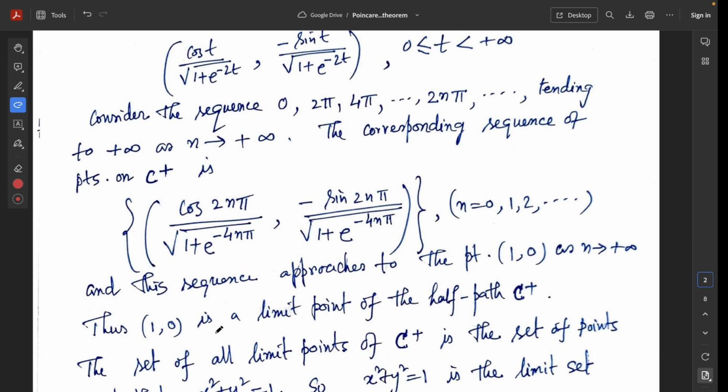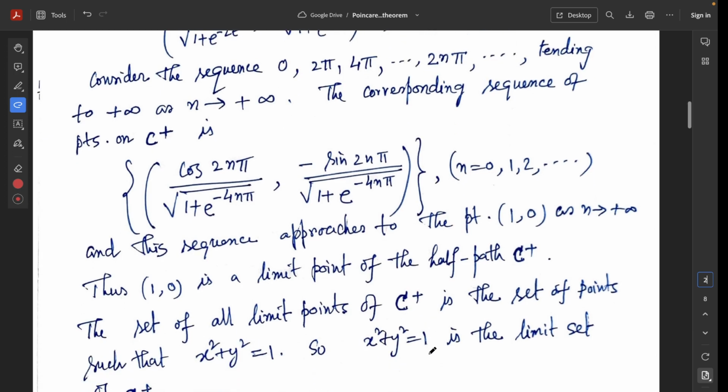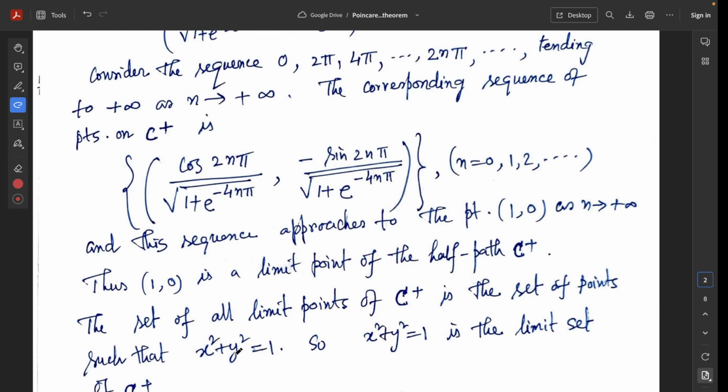Thus (1, 0) is a limit point of the half path C plus. The set of all limit points of C plus is the set of all points such that x square plus y square equal to 1. So x square plus y square equal to 1 is the limit set of C plus.